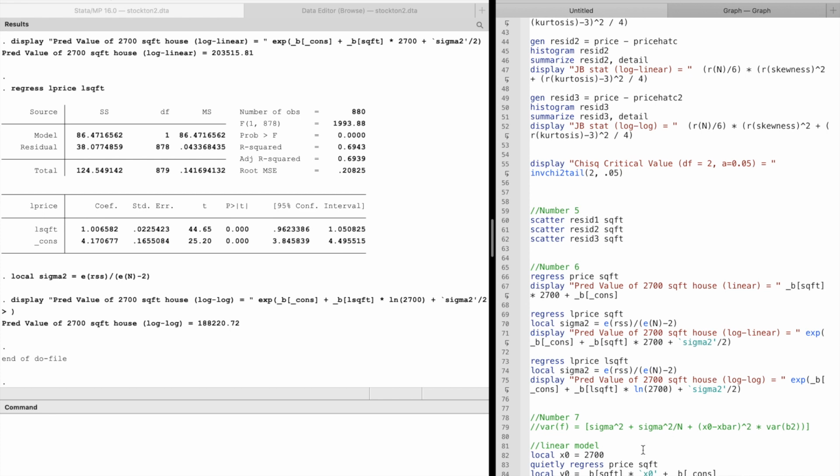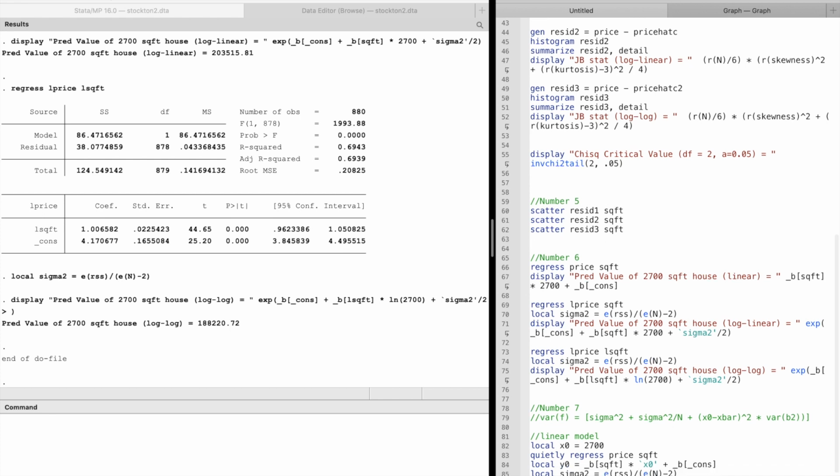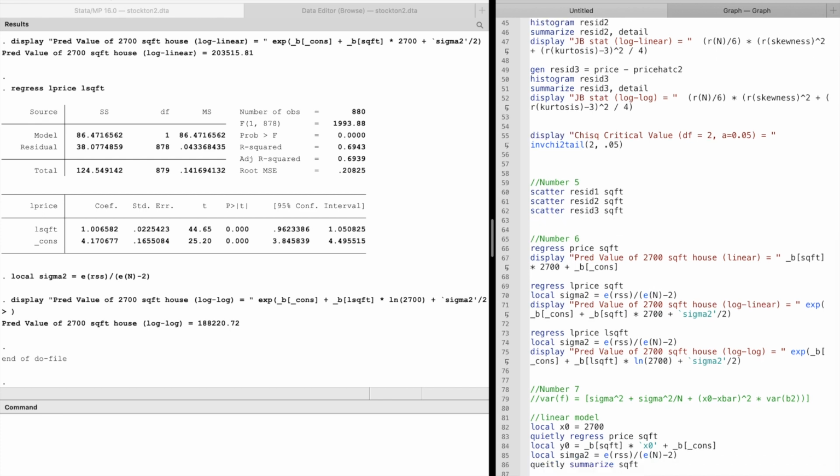This is why we did the quiet regression, so we can get all these values from the regression stored data. And then we're going to quietly summarize square feet. That'll allow us to access the mean directly. And then here's where we're going to find the standard error of the forecast.